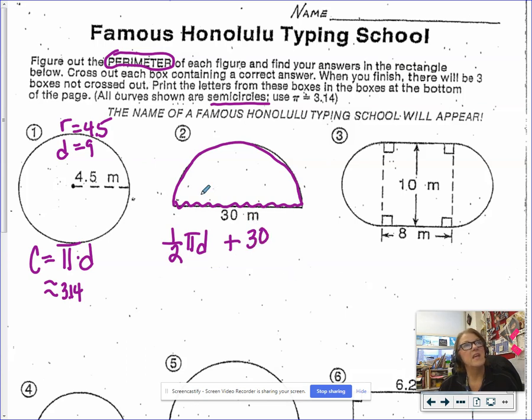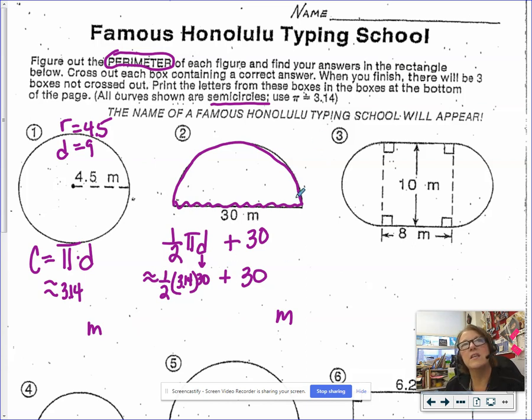This 30 also happens to be diameter, so you can plug that in there. Pi, we're going to estimate pi with the decimal approximation, 3.14, then grab 1/2. Get this value, that will be the upper curve part. Add 30 to that. Be sure you label your answers, meters, and we'll go from there.